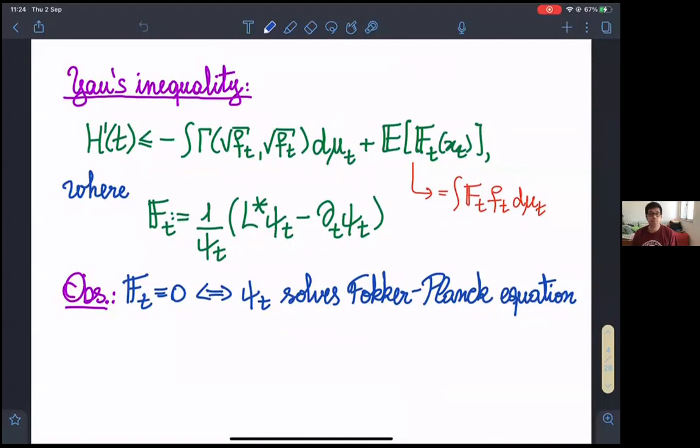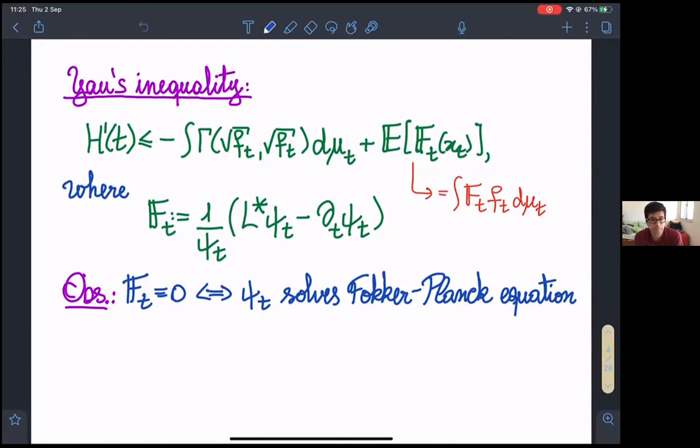So it's the same term that we found before, plus something else. Sometimes this is called the entropy production term, and the entropy production term is the expectation of a certain function of f_t, which is given by this formula down there.